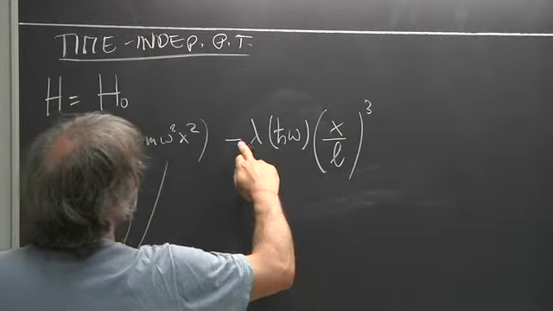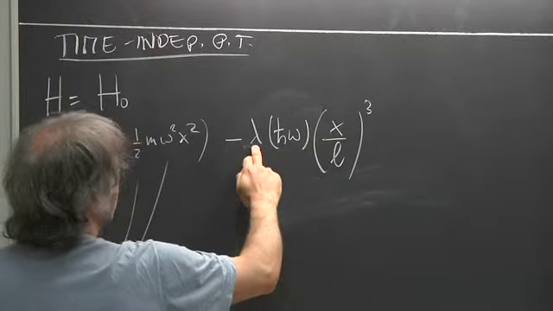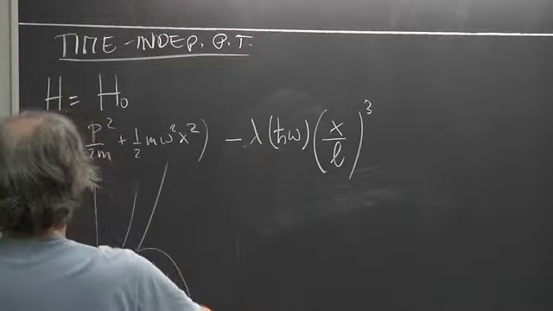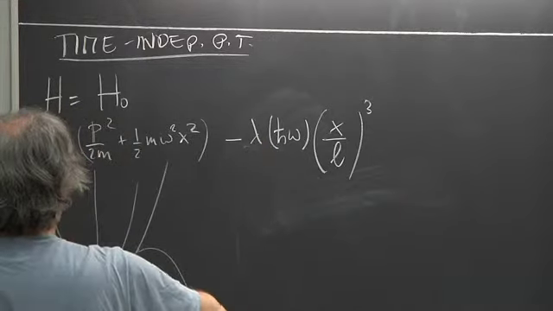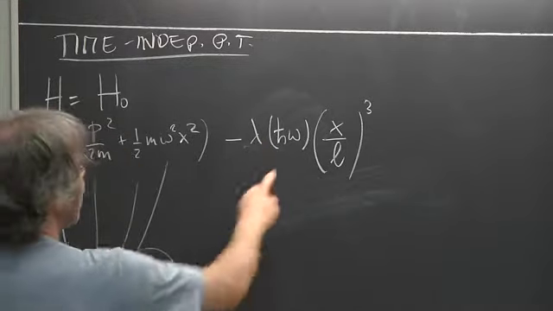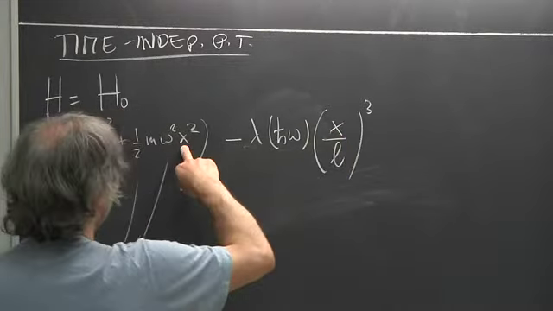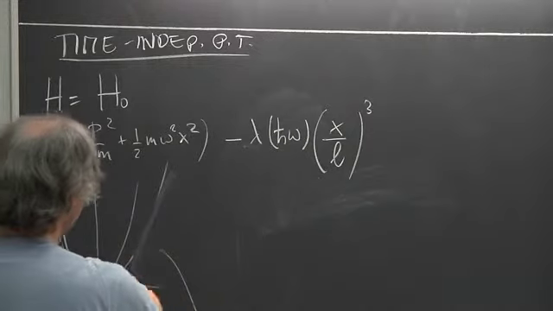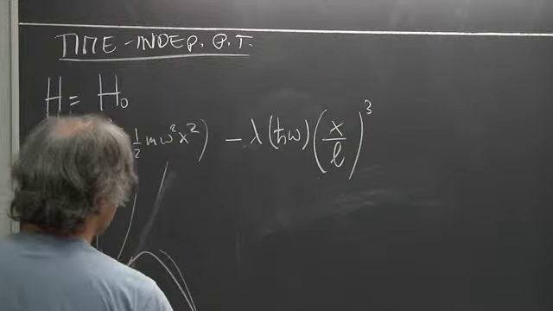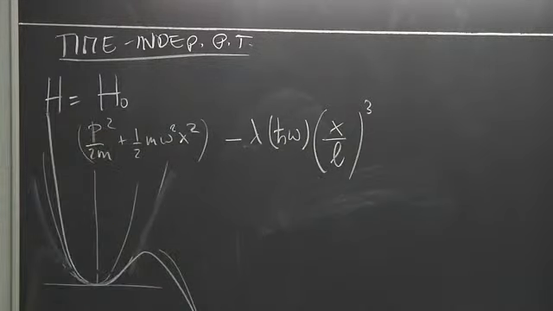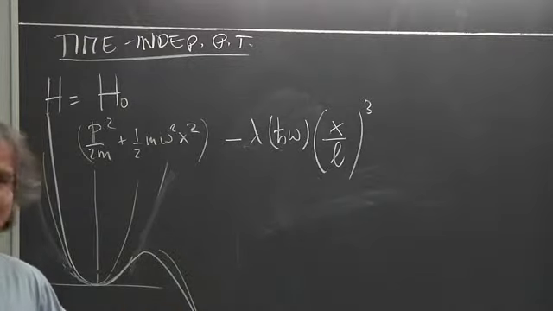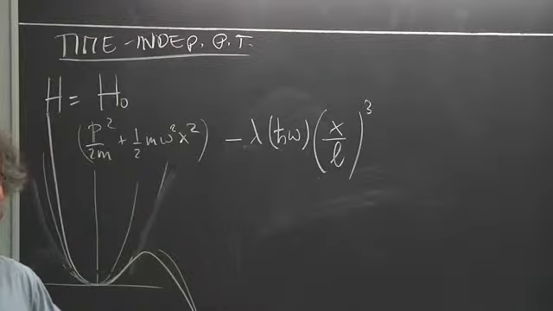For negative x, if lambda is positive, for instance, this goes to a very large quantity like this. But for positive x, this, in the end, wins over this. So you will have something like this. Okay? So this potential also has that feature that really there are no ground states to be expected.